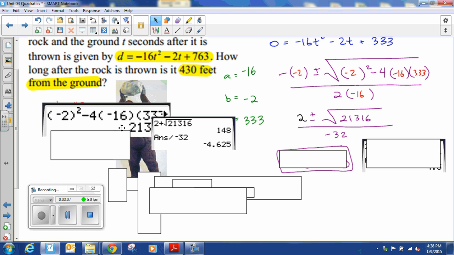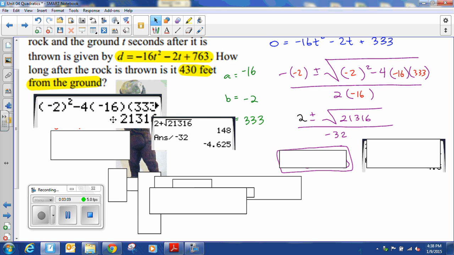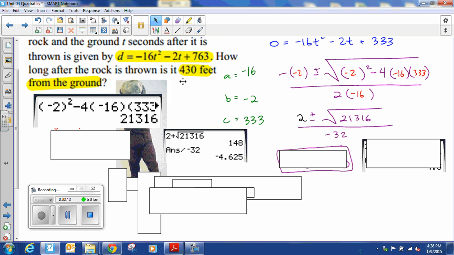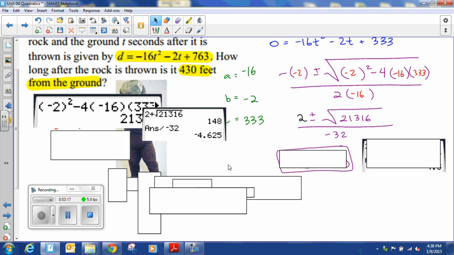We want to round it. I don't think it specifies here, but make sure you round it to whatever it specifies. Let's go ahead and round it to the tenth place, so we have negative 4.6. 2 minus radical 21,316 is negative 144, divided by negative 32 is 4.5.